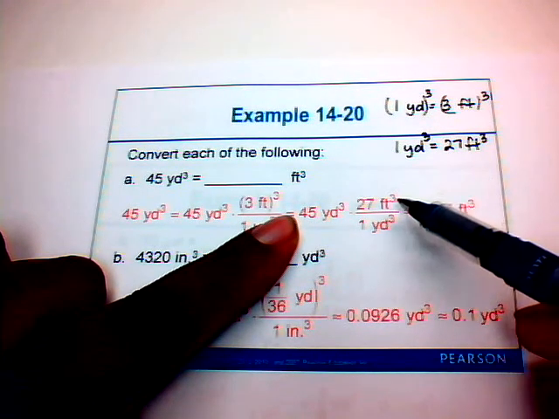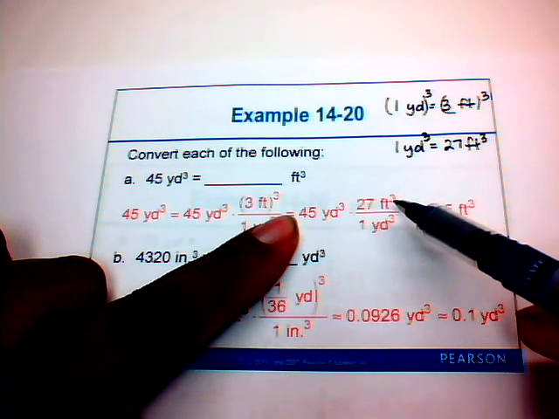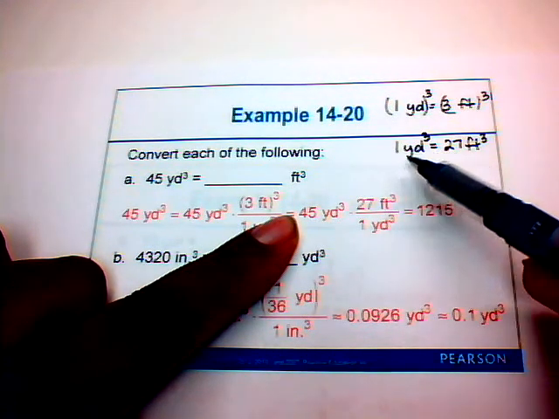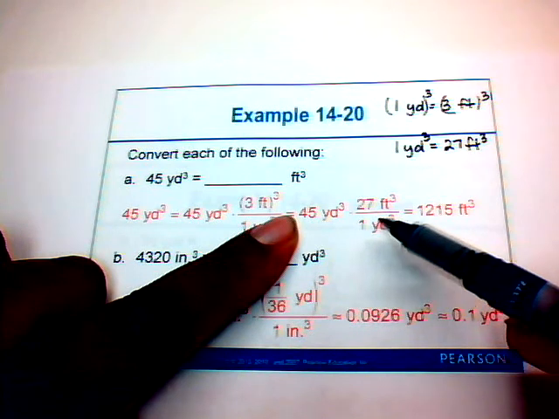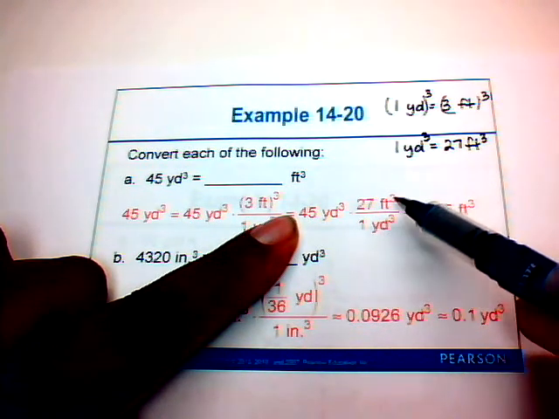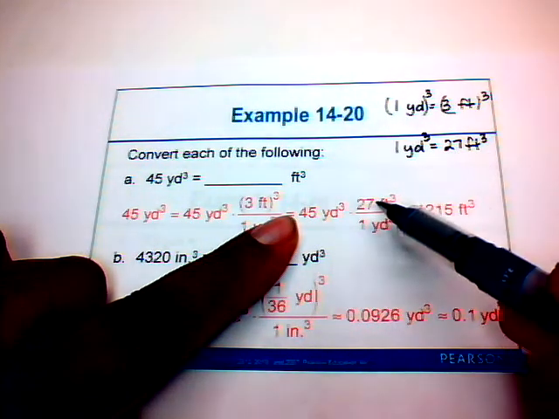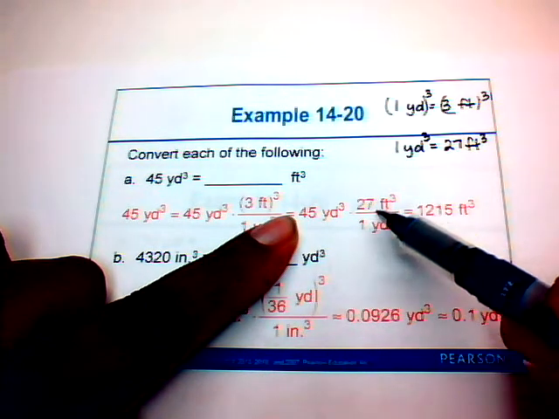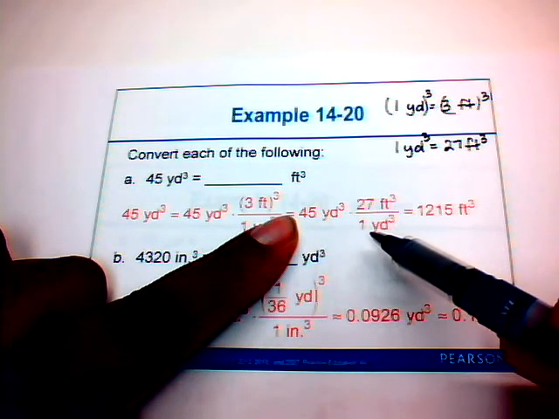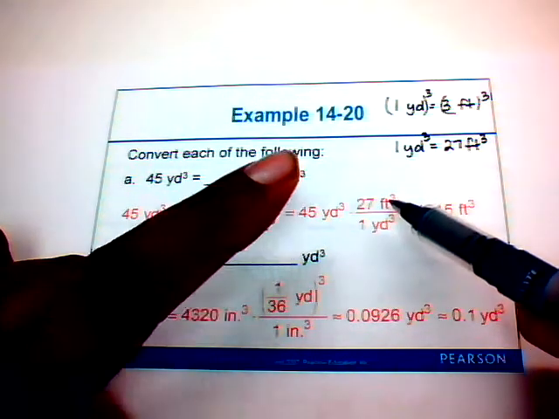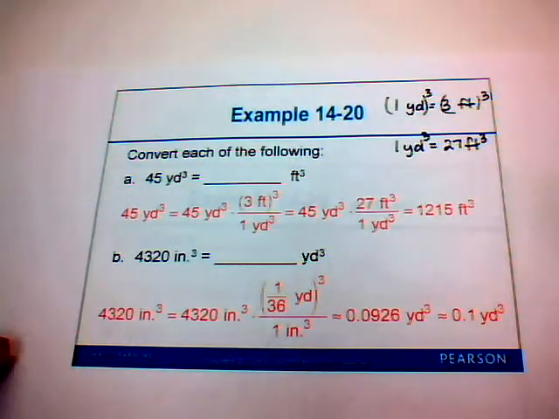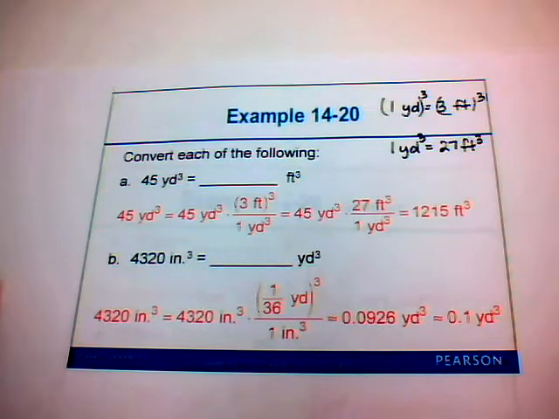What we're converting to goes in the numerator. And their respective equivalencies will go where they need to be with the respective measurements. So cubic feet, there are 27 cubic feet, so the 27 goes on top. The 1 yard, the 1 goes on the bottom. That way these cubic yards divide out, and you multiply 45 times 27, you're going to get 1,215 cubic feet.